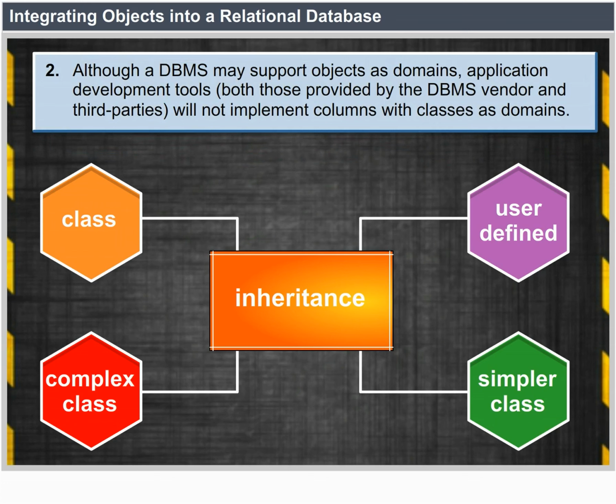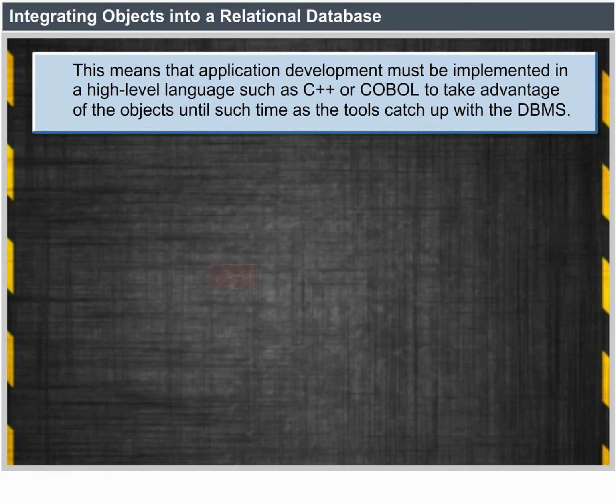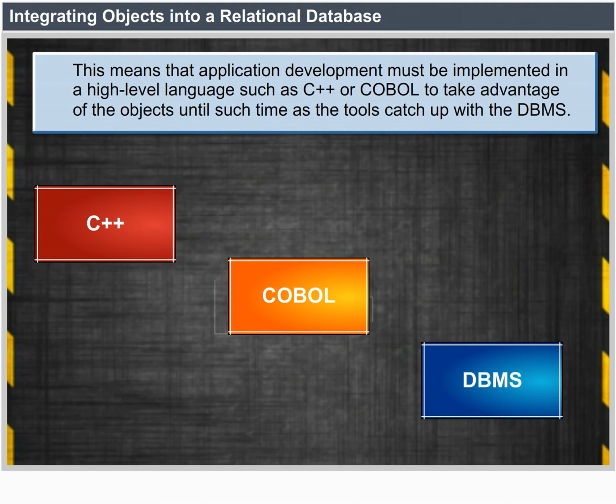Although a database management system vendor and third parties may not recognize columns with classes as domains, this means that application development must be done in a high-level language such as C++ or COBOL to take advantage of the objects until such time as the tools catch up with the database management system.